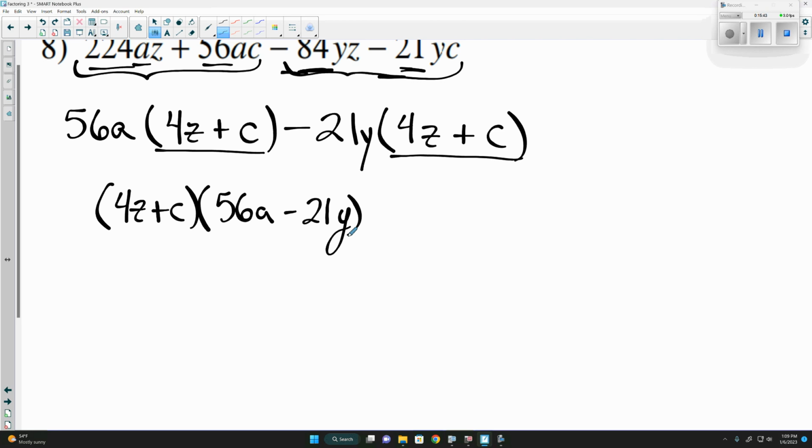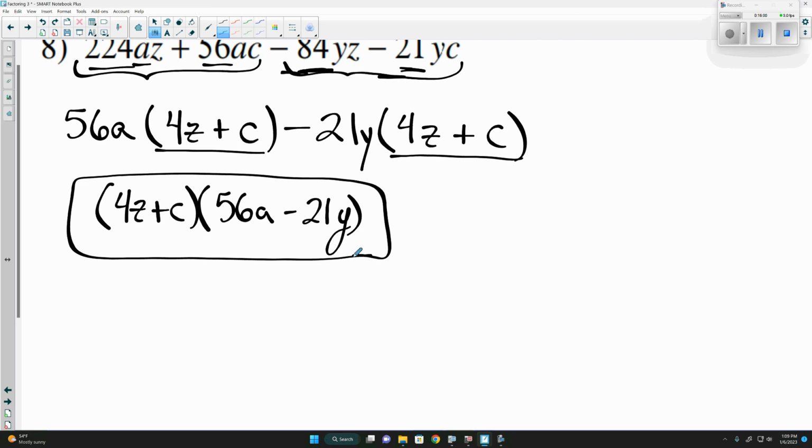Now, if the problem was asking us to factor it, we have done just that. We have factored it. If it asks us to factor it completely, this is not necessarily the correct answer. As this is factored, we can say for sure that this is in factored form.